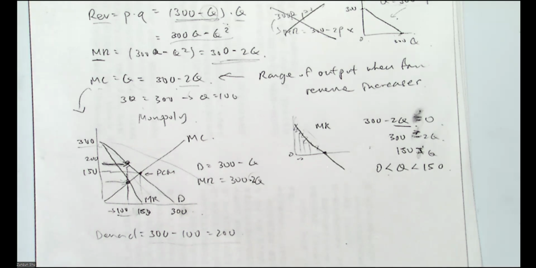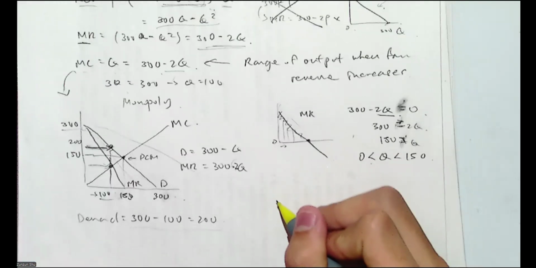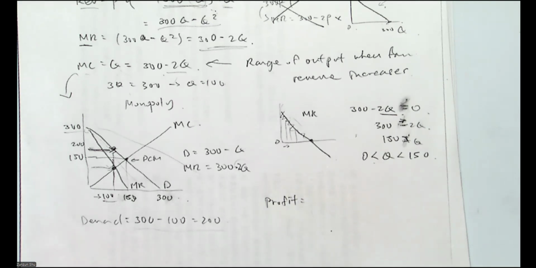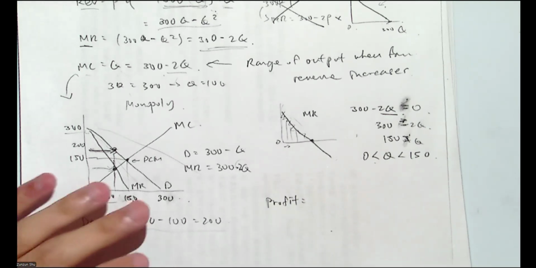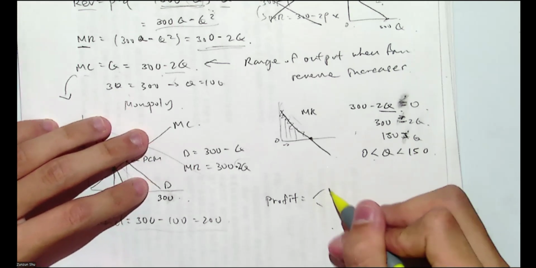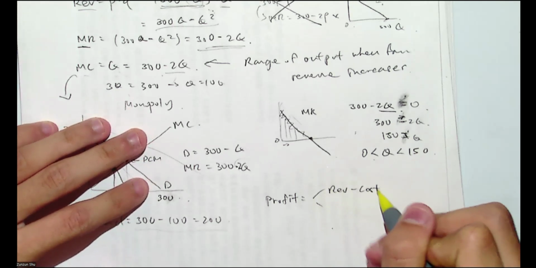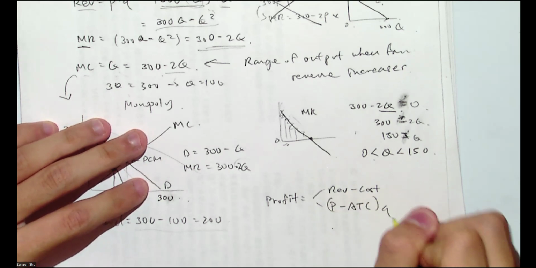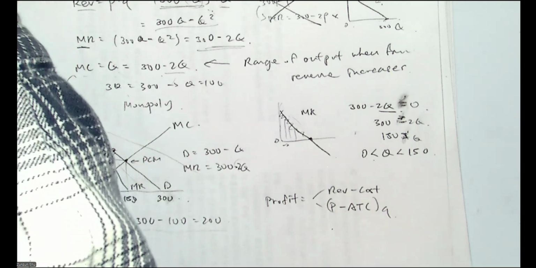Okay. Now, question 3. We go back to finding profit. There are a lot of formulas we can use, but here it comes down to two: either revenue minus cost, or P minus ATC times Q. You take a look at whichever one is more suitable.